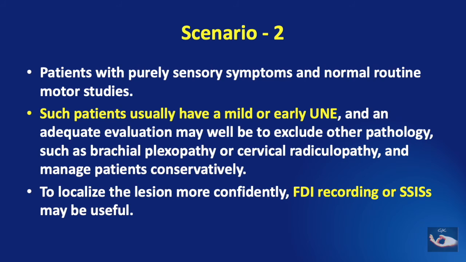And if we still suspect a lesion that is causing a compression of the ulnar nerve, we need to localize the lesion more confidently by recording the EMG at the first dorsal interosseous muscle, or SSIS, to be recorded. We shall see more about this SSIS as we go along.